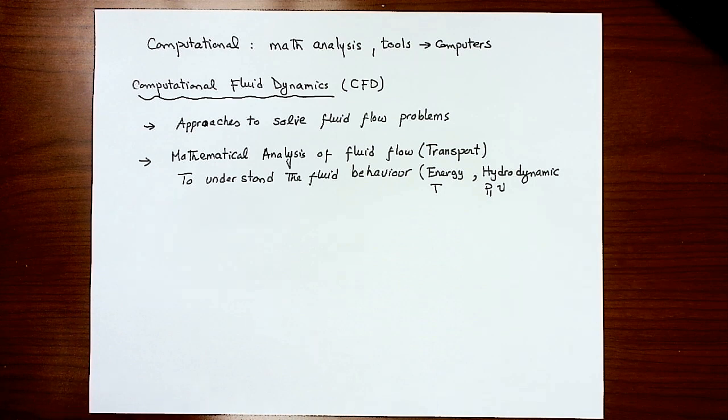Now, if we want to look into the standard book definition, you will find more details than that. But this is just to give you some brief definition of what computational fluid dynamics is. So in a simple word, we are using math to try to understand the behavior of a fluid under transportation, looking for the energy transport, looking to the mass transport within that fluid under different conditions. That's simply that definition.